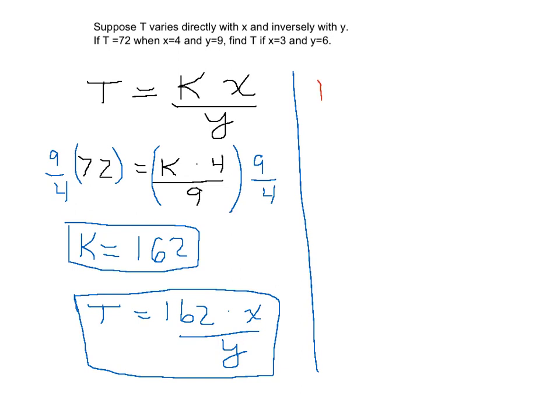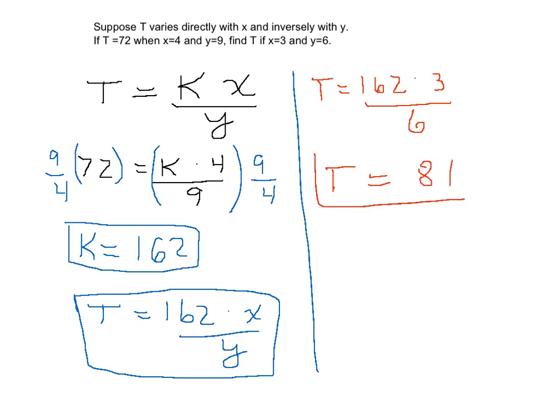So that's simply simplifying this. T is equal to 162 times X over Y. And so that means that T is going to equal 81. Get it? And there's my answer. Kind of fun. Nice little puzzle to solve.